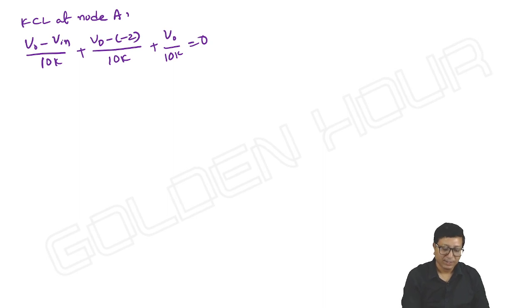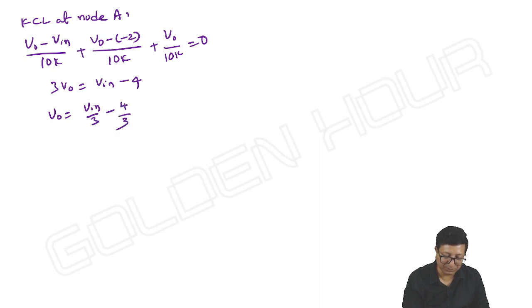Anyway, 10K I can take it out. V output plus V output plus V output, it is 3 V output is equal to V in minus 4. So output is equal to V input by 3 minus 4 by 3. This is the first equation.